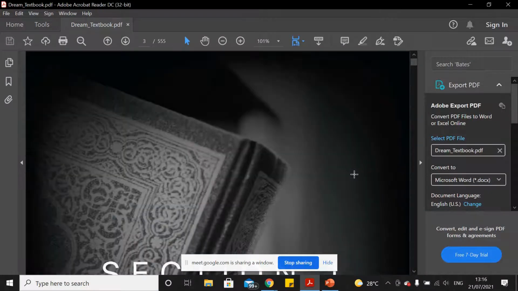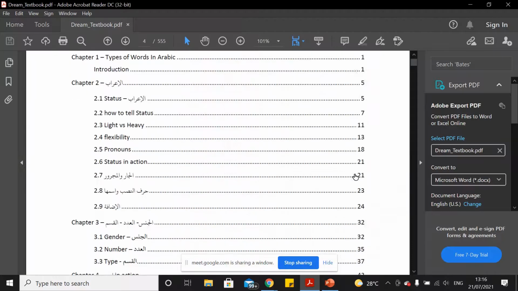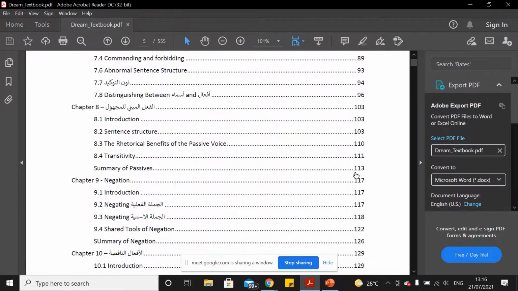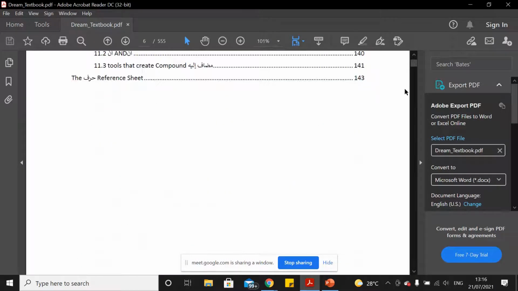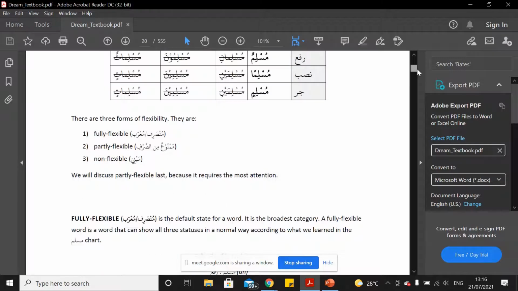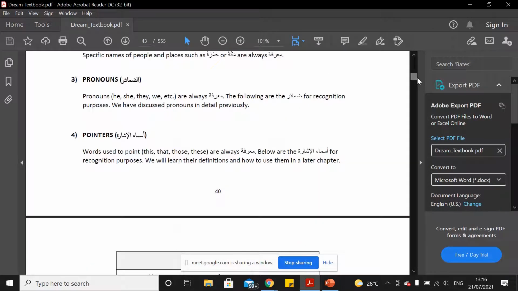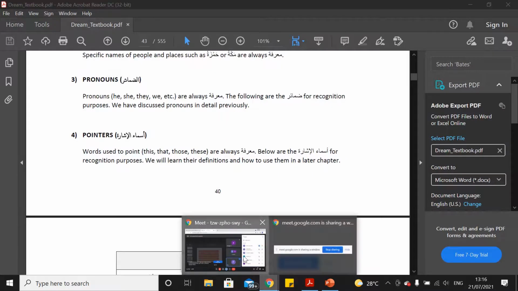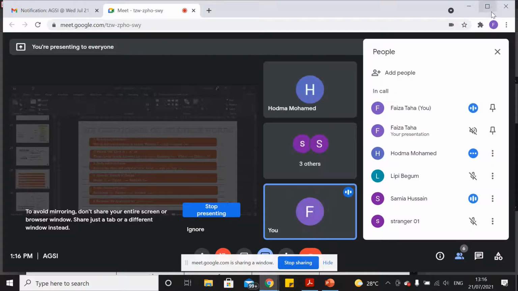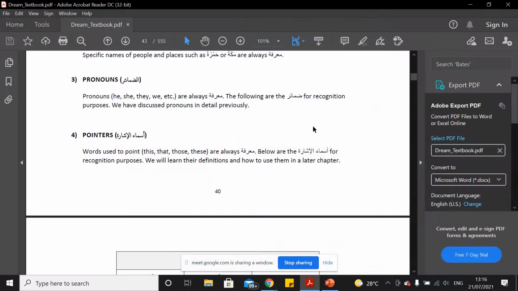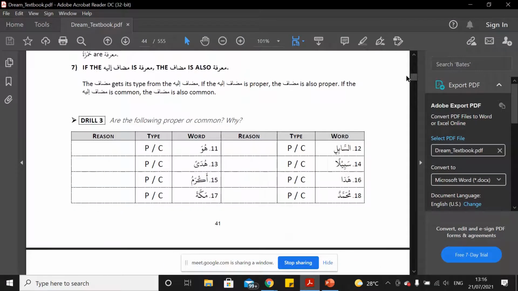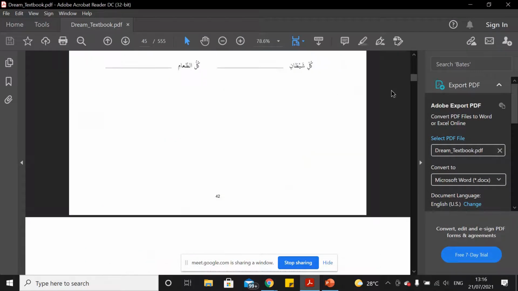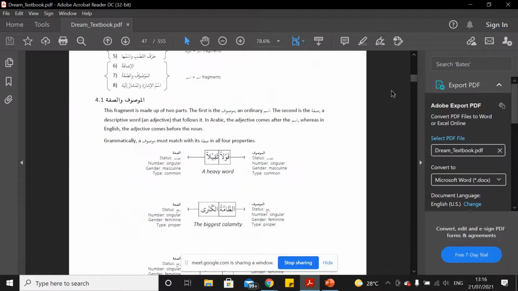So can anyone revise what I said up till now? Sister Samia: You said there are six categories of words that are feminine, and outside these six categories, words are masculine.